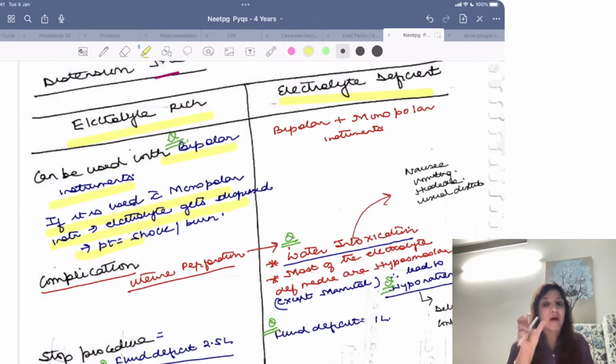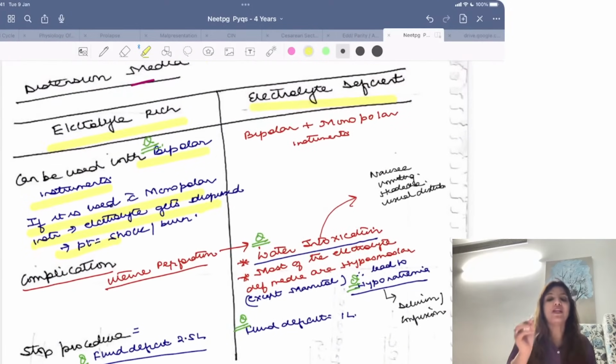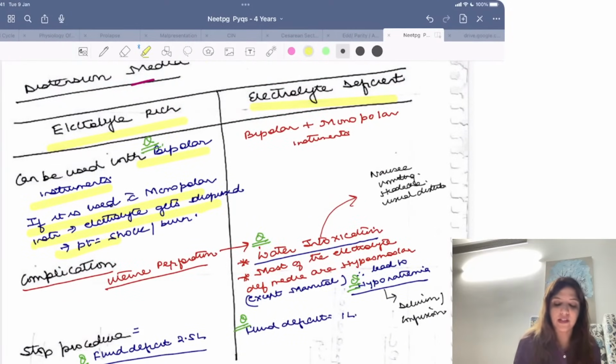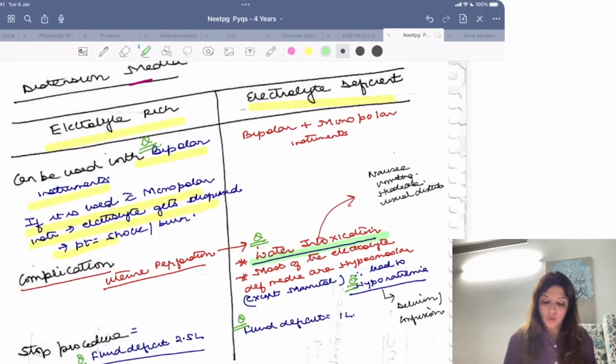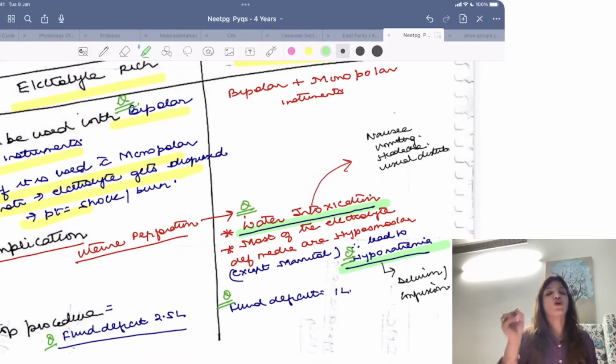Now, if with bipolar I can use both, which one should I choose? I should choose electrolyte rich media. Why? Because electrolyte deficient media will have certain specific complications. For example, water intoxication, which can happen only with electrolyte deficient media. Then number two, it can lead to hyponatremia, because most of the electrolyte deficient media are hypoosmolar.